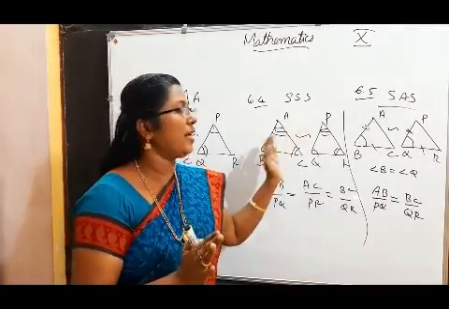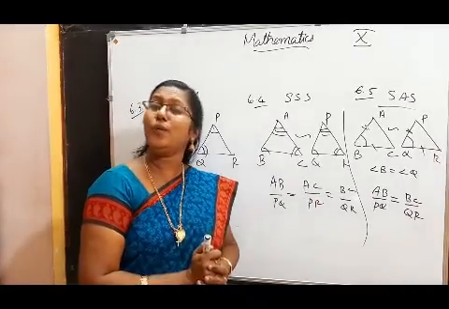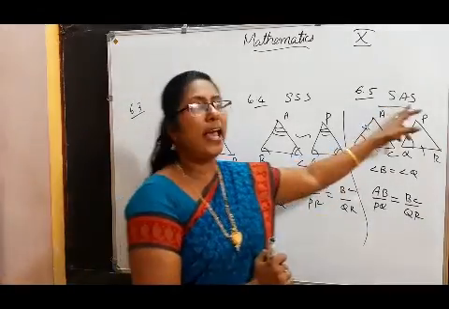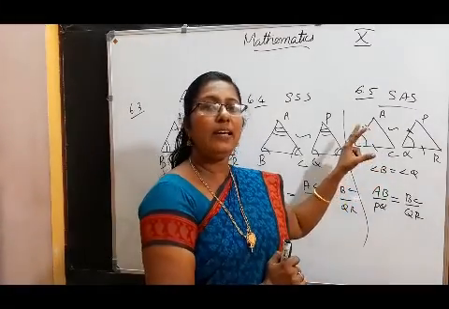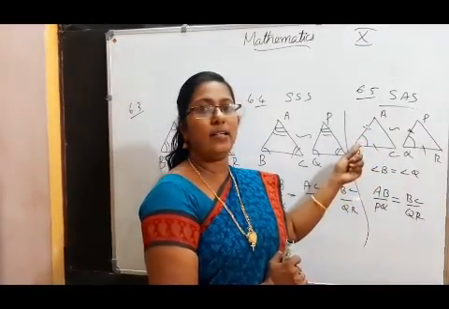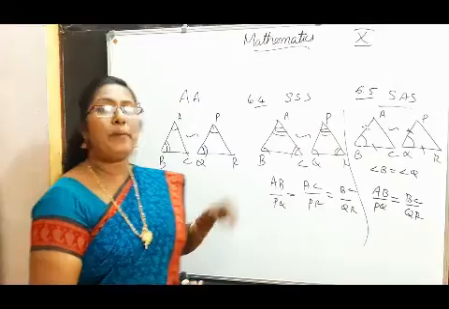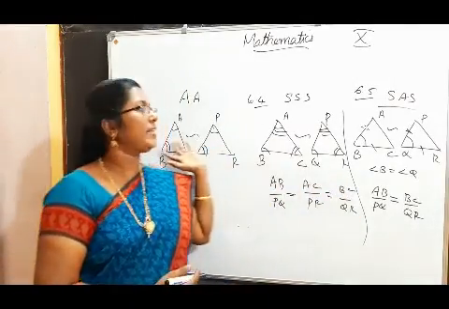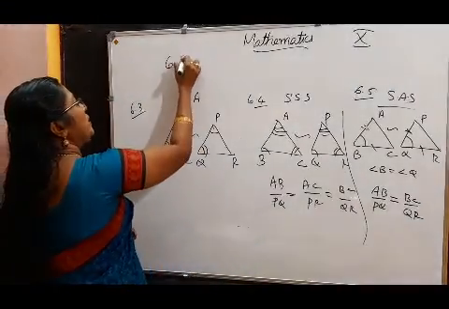The corresponding angles are equal, the sides are in the same ratio or proportional. This is SAS, side angle side: the angle and the side, the included angle. Based on these three similarity criteria, we can solve exercise 6.3.